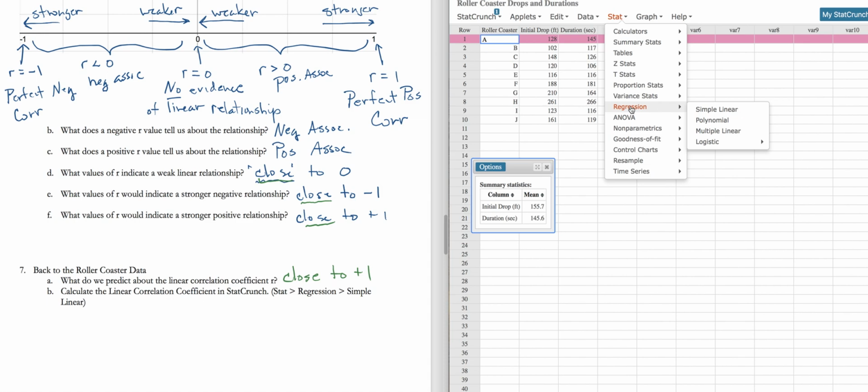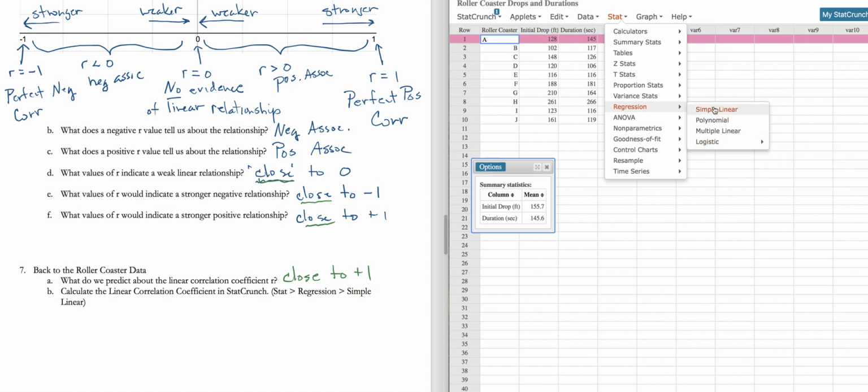Regression is actually describing the relationship between our two data sets. So we pick Regression and then we pick Simple Linear. Notice that StatCrunch can look for other relationships that will be described by a polynomial or by multiple linear relationships or other things.